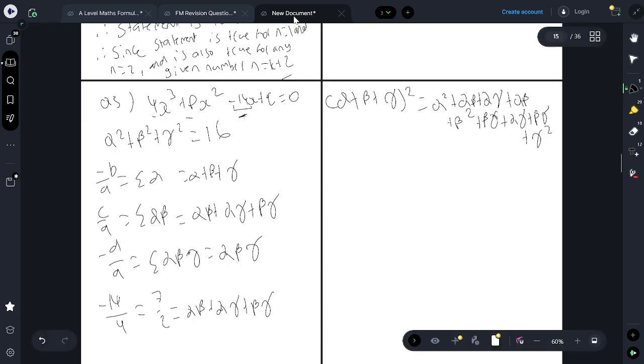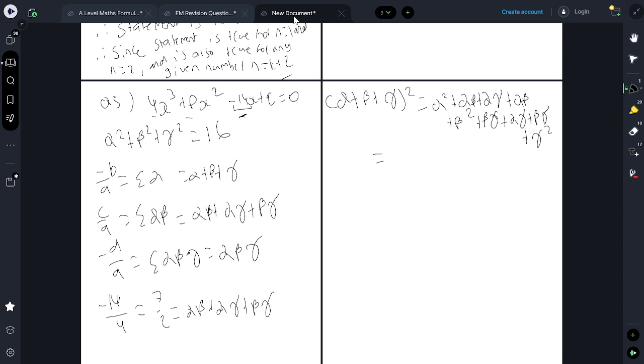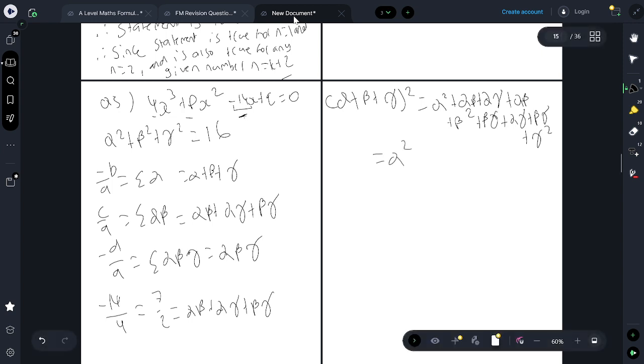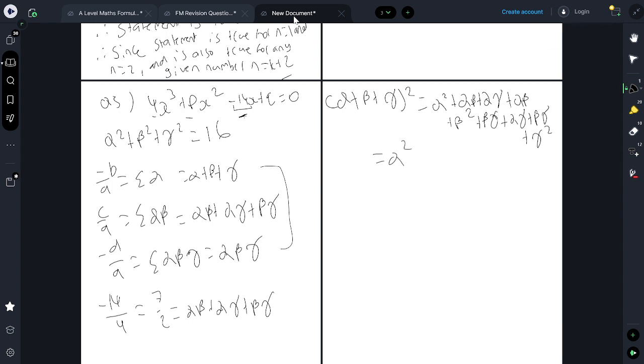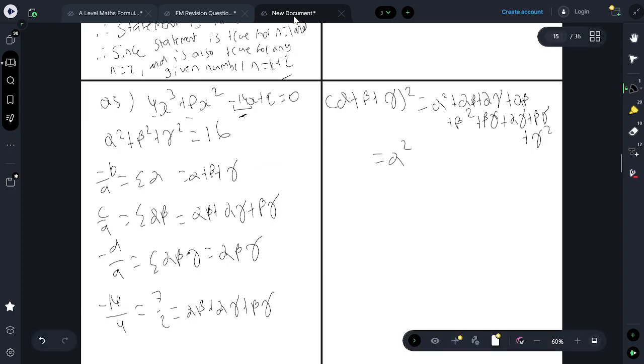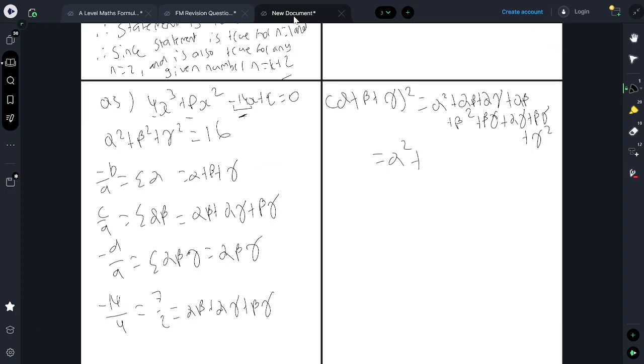And notice that if you rewrite this, a key thing is to write it in terms of the sums, the double sums, and the product, right? So I would split this up as alpha squared plus beta squared plus gamma squared.